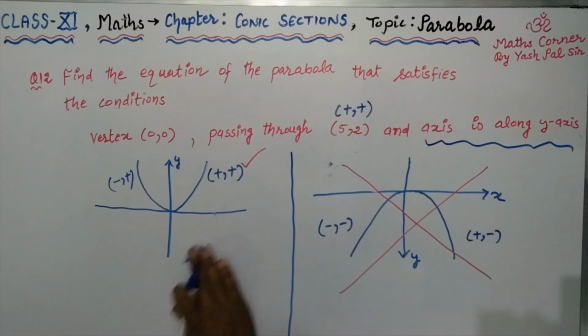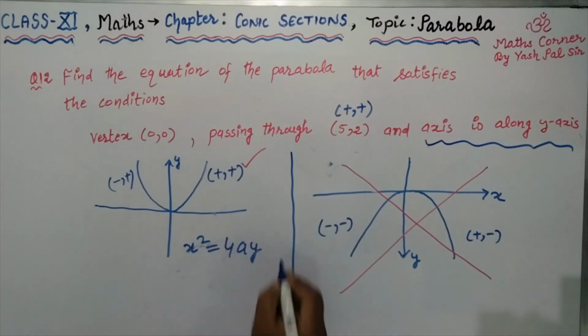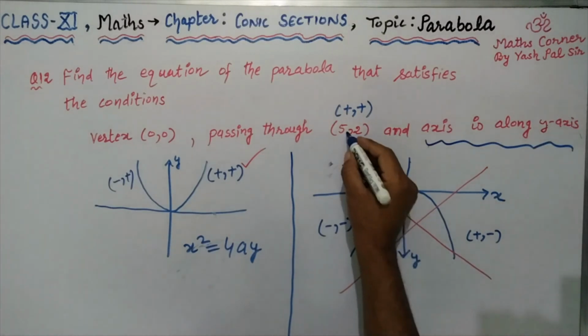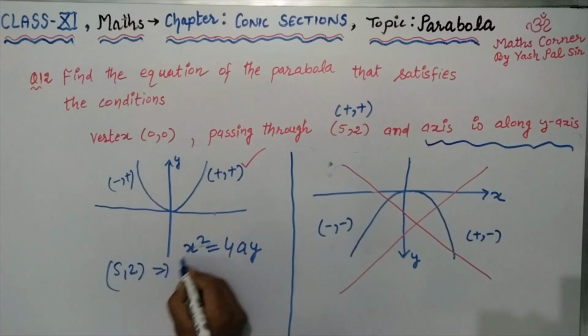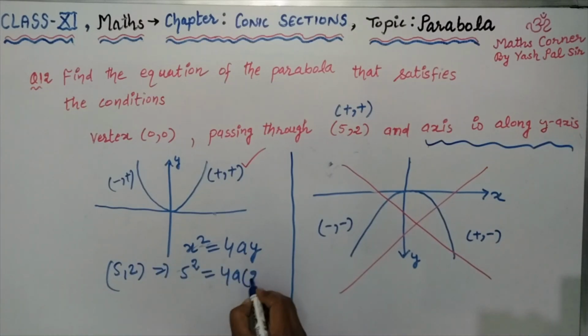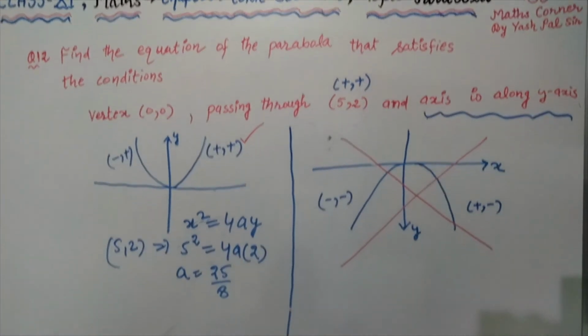What is the equation of the upward parabola? This is x square is equal to 4ay. Now this passes through (5, 2), that gives us 5 whole square is equal to 4a into 2, that is a is equal to 25 upon 8.